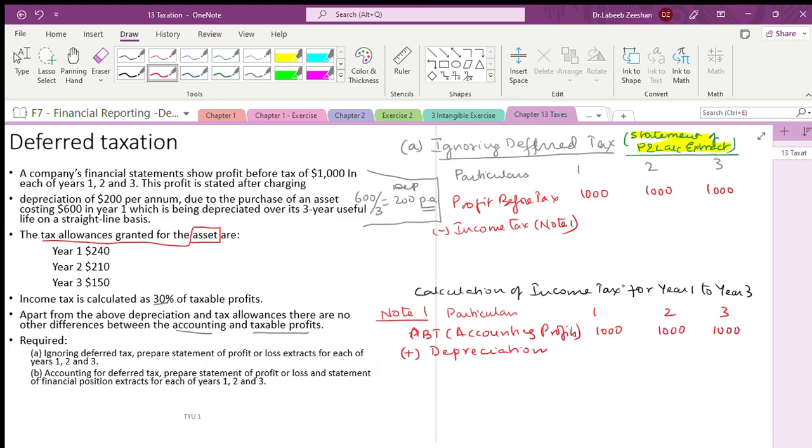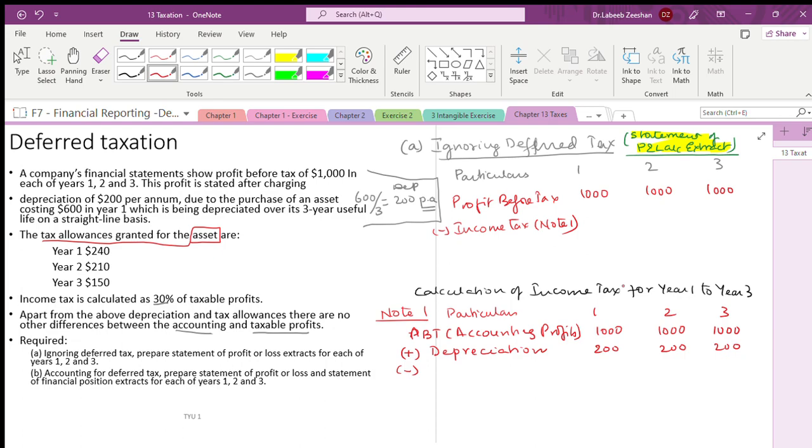When tax allowances are granted, the rule says that to the accounting profits, add depreciation less allowances. How much is the depreciation? Depreciation is 200. This is the rule which remains the same wherever you are doing it.